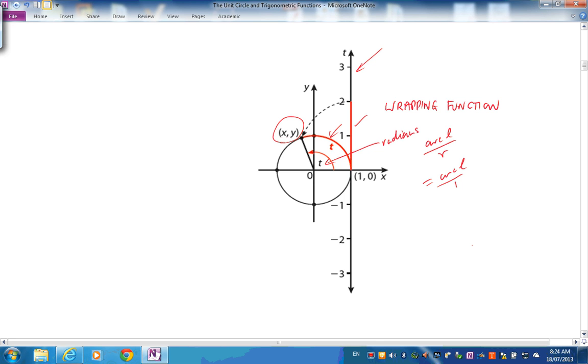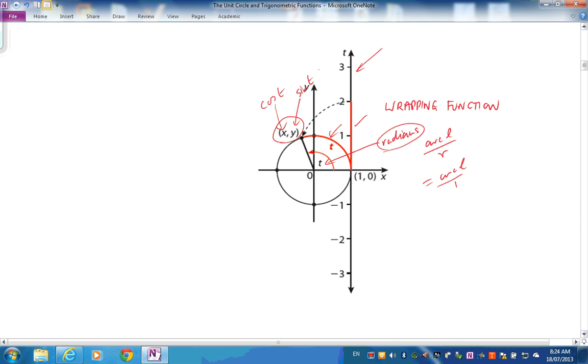Okay, so you'll wrap a piece of line around and you'll create the idea of an angle. But you could also have the x value is what now? The cos of the angle. That'll be cos of t. And y is the sine of theta, or sine of t. Hey, this is getting crazy.